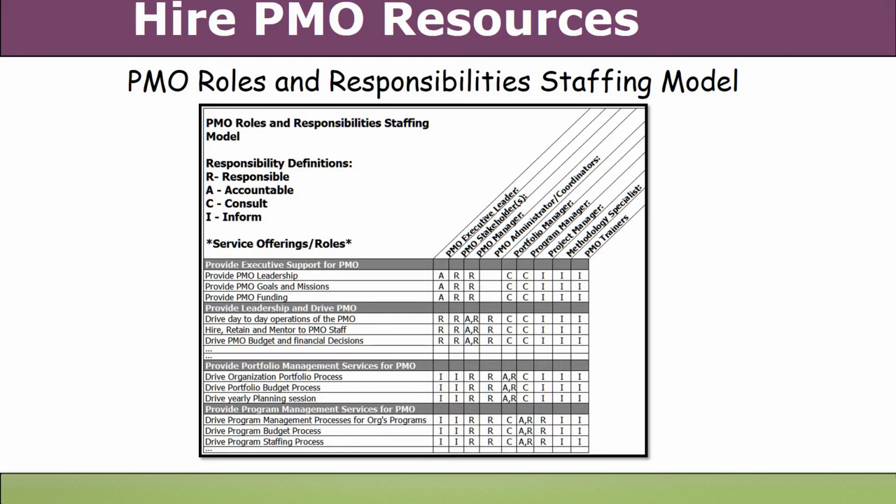So this becomes a great justification tool and a great tool to help you understand how exactly to use the PMO roles and responsibility staffing model to hire the right people for your organization. So you determine your 4 P's of your PMO, you determine your service offering, you've understood the qualifications of the people you need, now you apply them to the roles and responsibility staffing model.